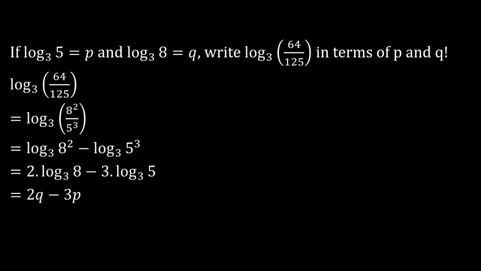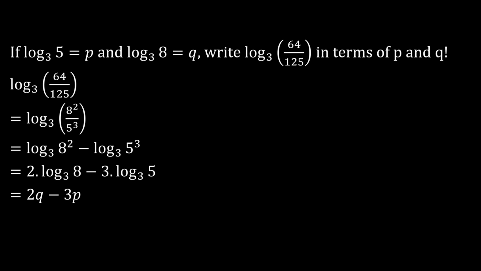If logarithm of 5 to the base 3 equals p and logarithm of 8 to the base 3 equals q, write logarithm of 64 over 125 to the base 3 in terms of p and q.